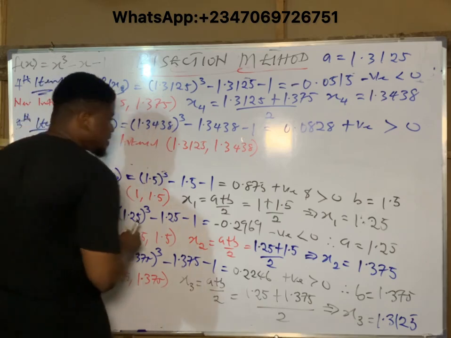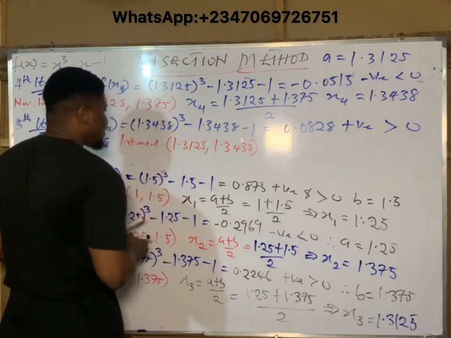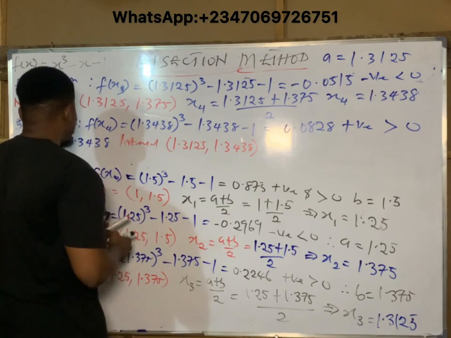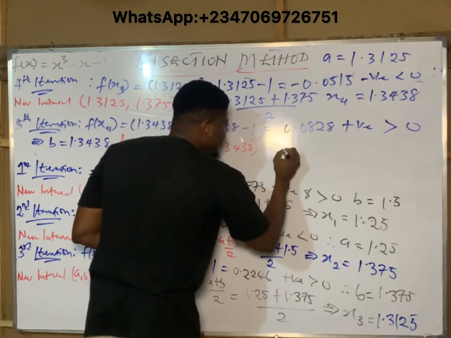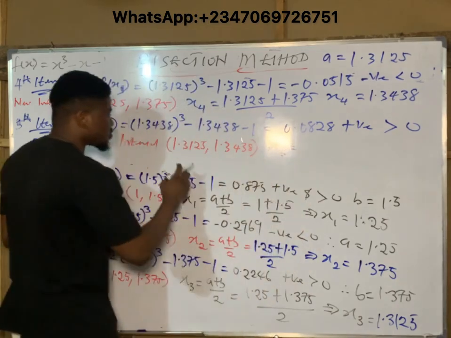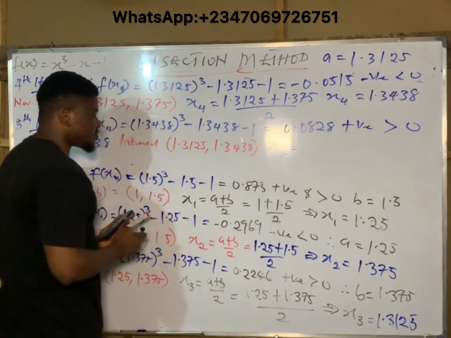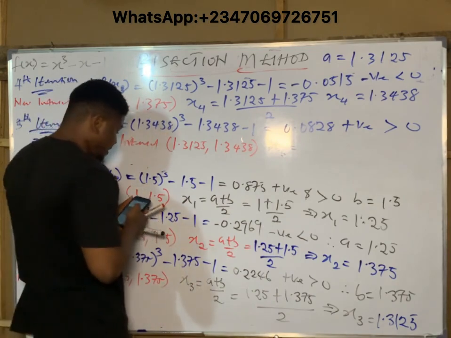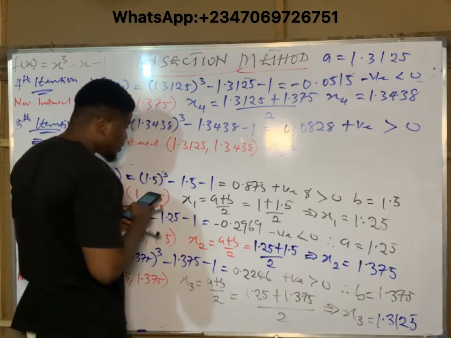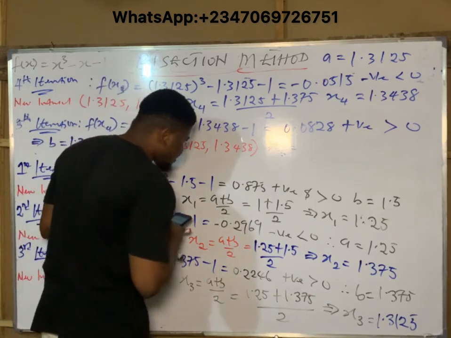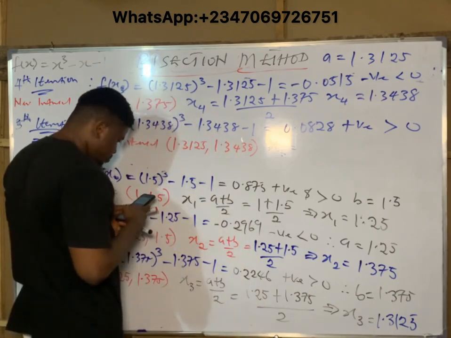So with this now, we can find our next point of iteration, which is x5. x5 is now equal to, so we sum these two and divide by 2. 1.3125 plus 1.3438 divided by 2.